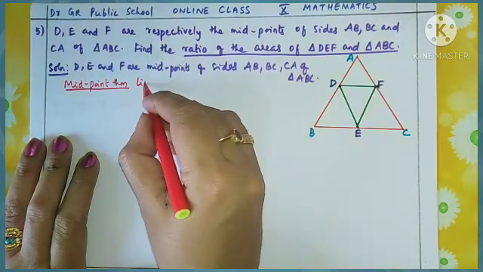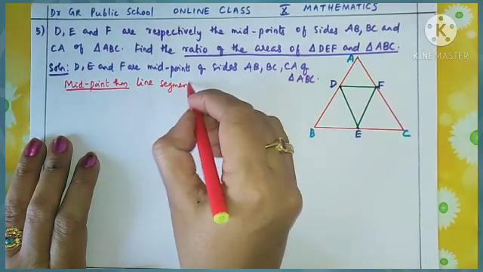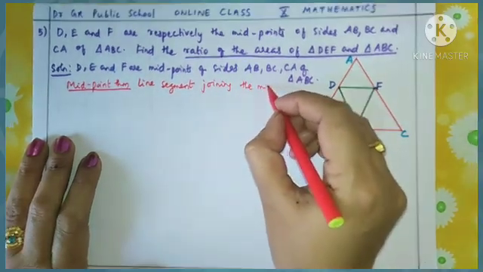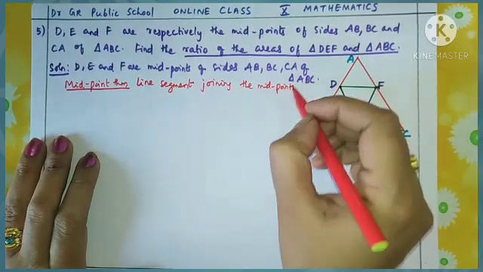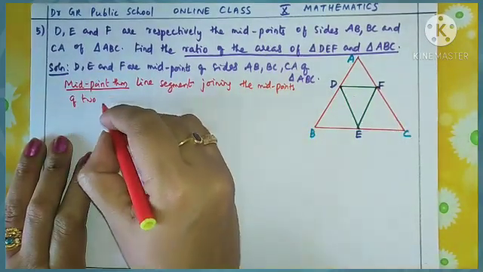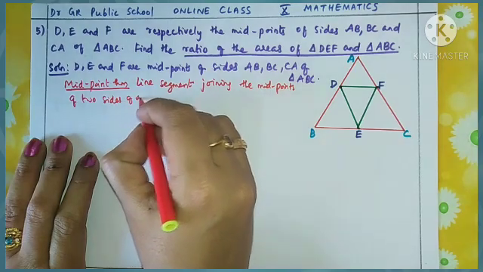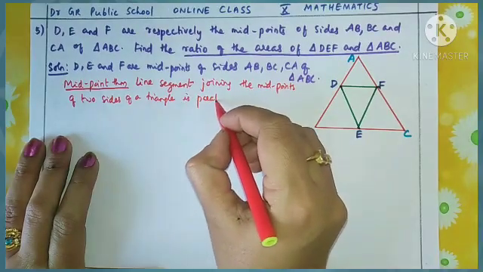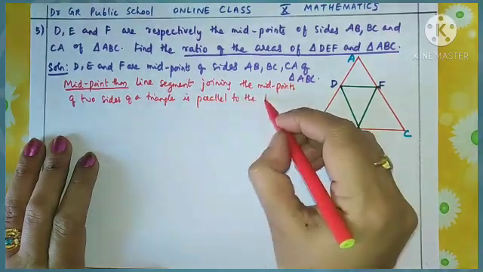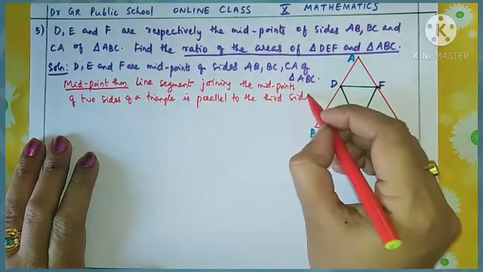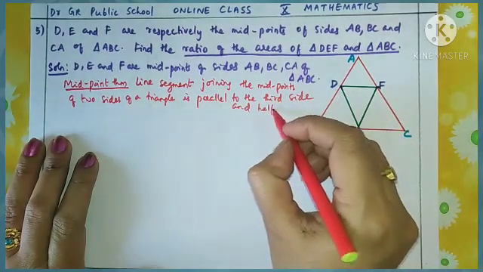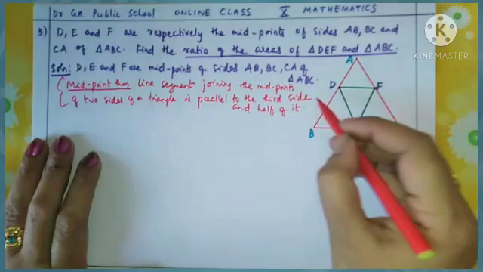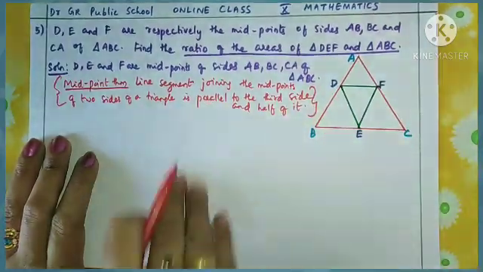I am writing the statement: line segment joining the midpoints of two sides of a triangle is parallel to the third side and half of it. Do you remember, students? Okay, so this is the important result we are going to apply in this answer. Then only we can proceed further.